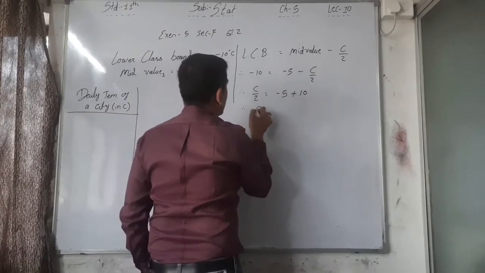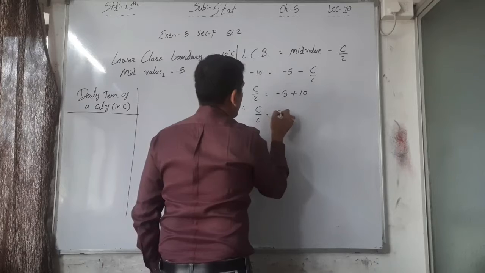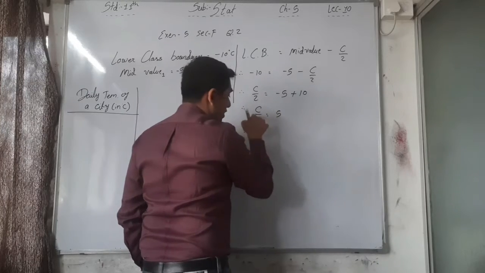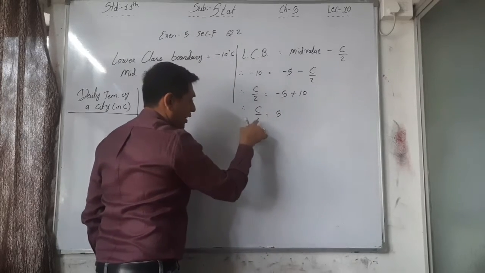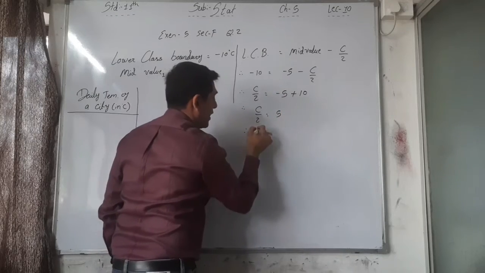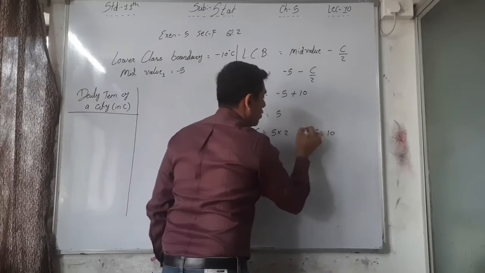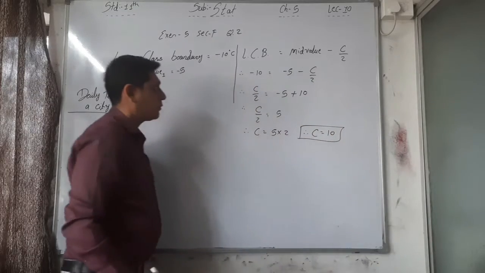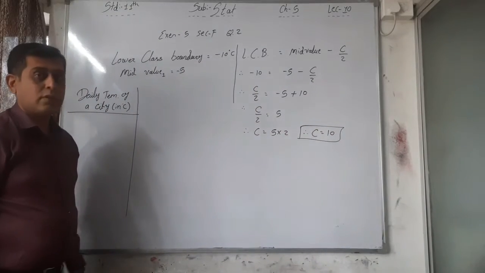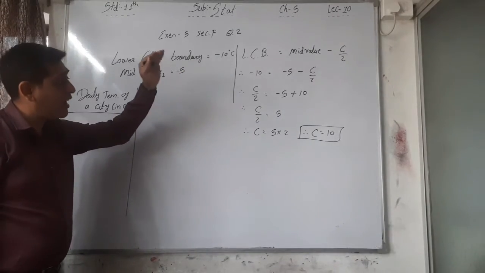Therefore C by 2 is equal to 5, and here 2 is divided, so if we want to transfer it to the opposite side, we have to multiply. C is equal to 5 into 2, that's why C is equal to 10. Yes, we are finding out the class length.